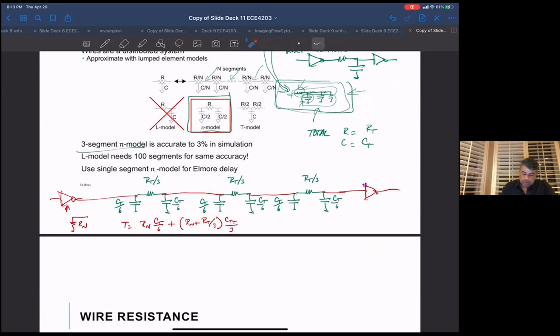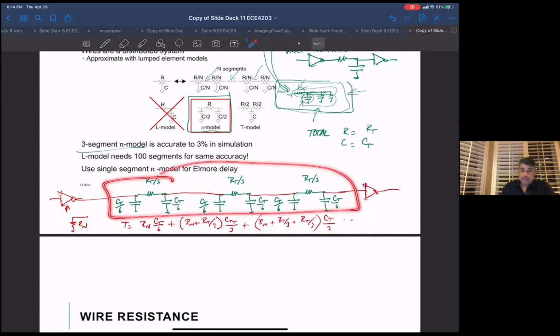You guys got to remember the Elmore model is this resistance first times this, then this and this times that, and then this and this times that. So the next one we'll get R_n plus R_T over 3 plus R_T over 3 times C_T over 3, etc. So we can use the Elmore model also to get a pretty quick hand calculation of this delay.